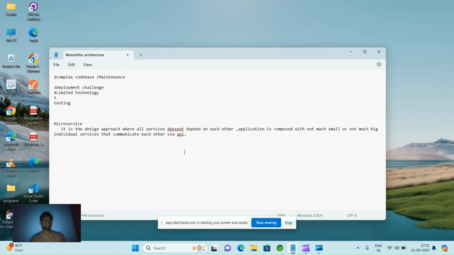We can develop and deploy them separately. Each service is like its own project, and they communicate with each other through an API.